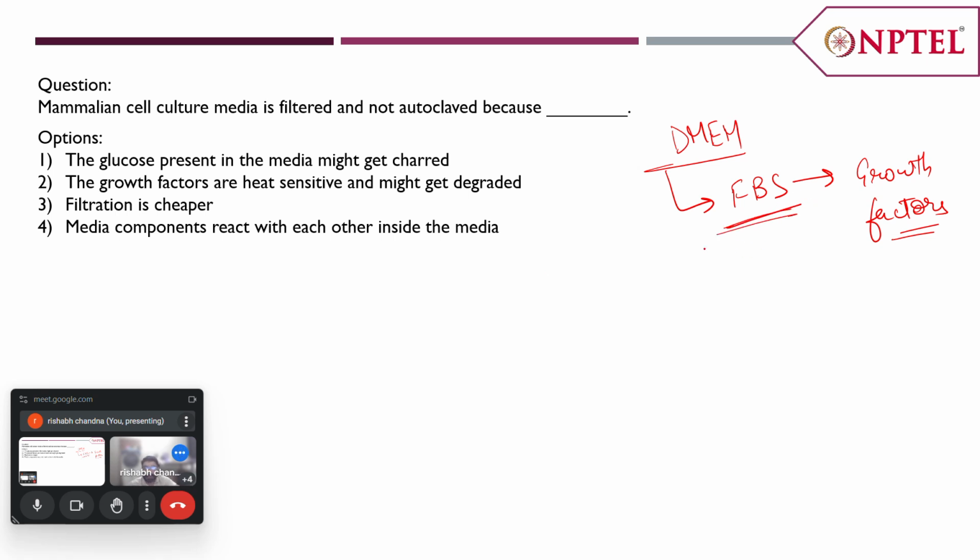This FBS, if we autoclave, will get degraded, because it's heat sensitive basically, and in autoclaving we'll go up to 121 degrees Celsius. The media components, the salts and the glucose, can remain, but the serum components will get degraded at that temperature. So the correct answer here is option number 2.